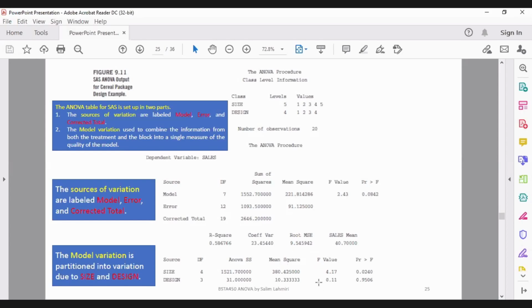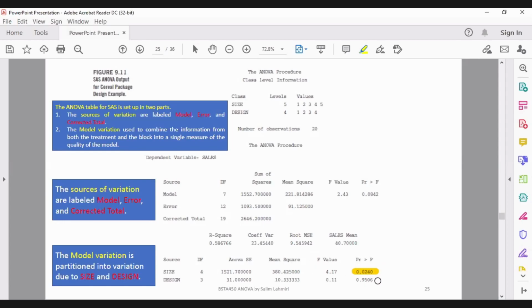For the second one, which is the most important, we get the p-value for size equal to 0.024, and the p-value for design equal to 0.9506. So this one tests the null hypothesis that the averages of cells are equal across size.